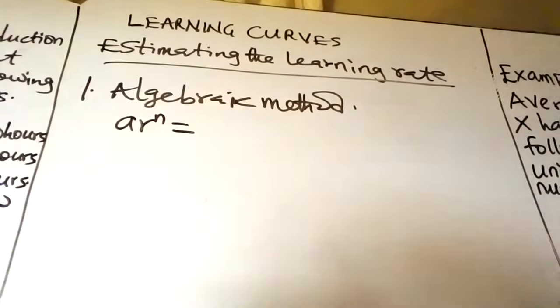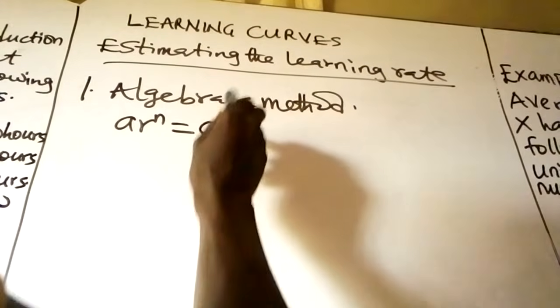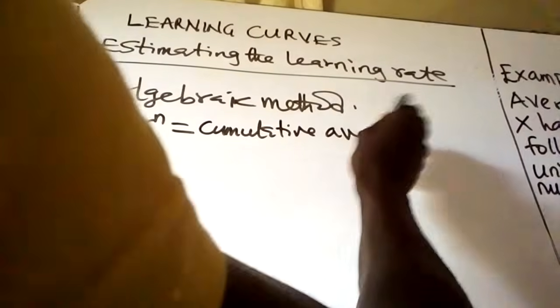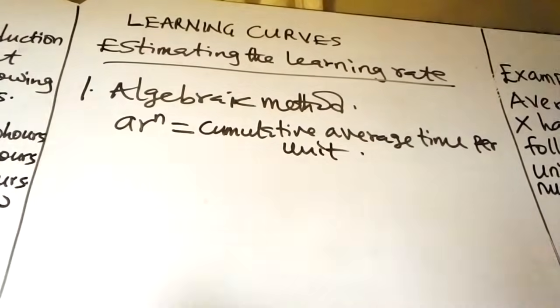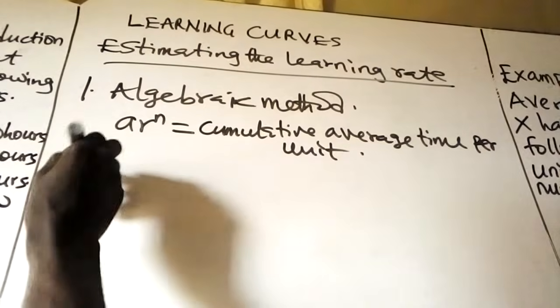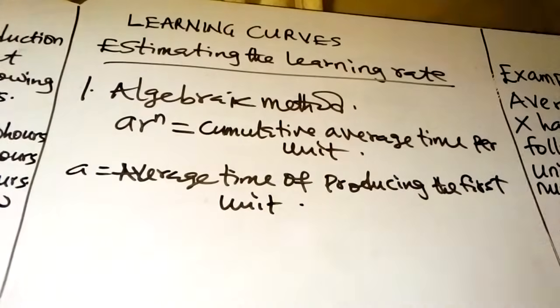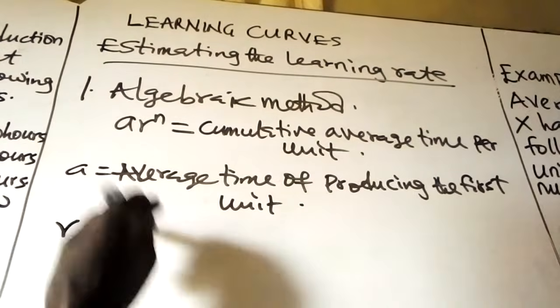A R raised to power n equals the cumulative average time per unit, where A is the average time of producing the first unit. R is the learning rate.